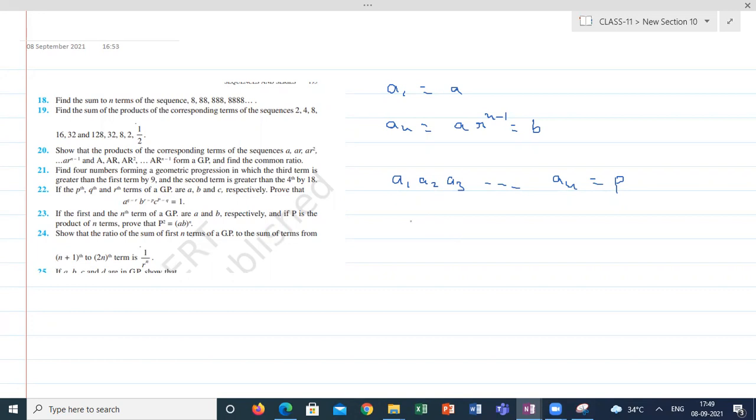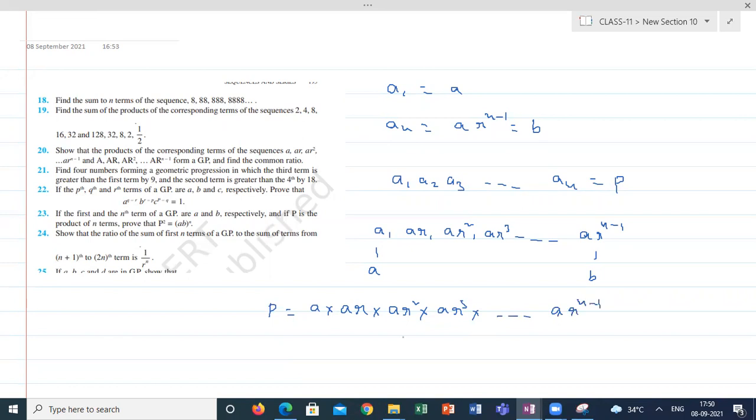Suppose I write a few terms to understand: a, ar, ar square, ar cube, and so on, up to ar power n minus 1. This is your first term, and this is your last term, the nth term. He is asking for the product of n terms. The product of n terms is P. So P is equal to a into ar into ar square into ar cube and so on up to ar power n minus 1.